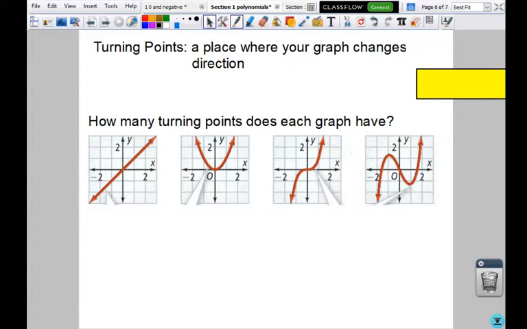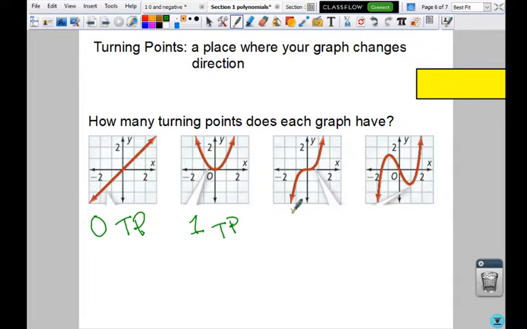And we're just gonna label how many turning points each graph has. So if I look at this first graph, I'm going up, and do I ever change direction and start going back down? No. So this has 0, and I'm going to abbreviate turning points as TP, because I'm lazy. Let's look at my second graph. I'm going down, and then right here in the middle I start going back up, right? So this is 1 turning point.